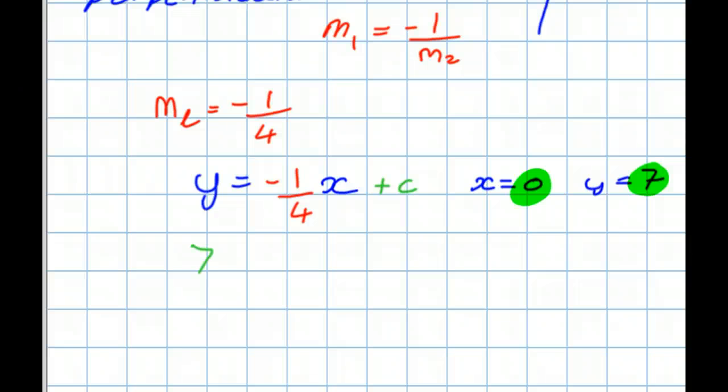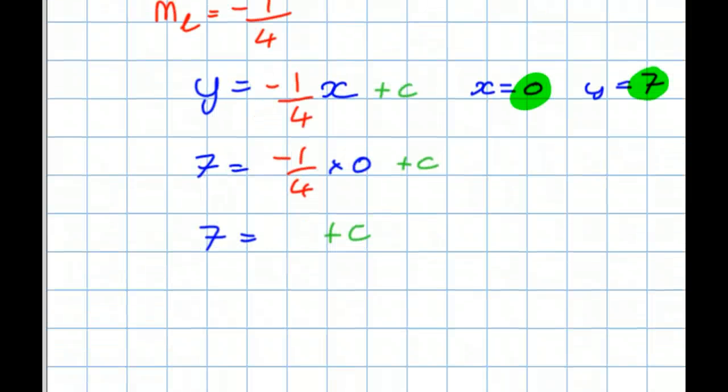I'll substitute x equal to 0 and y equal to 7 in. And I get 7, whoops a daisy, inconsistent use of colours. There's 2 in this video. So 7 is equal to minus a quarter times 0 plus c. Anything times 0 is 0. So 7 is equal to plus c. And it looks like I've got my answer now.